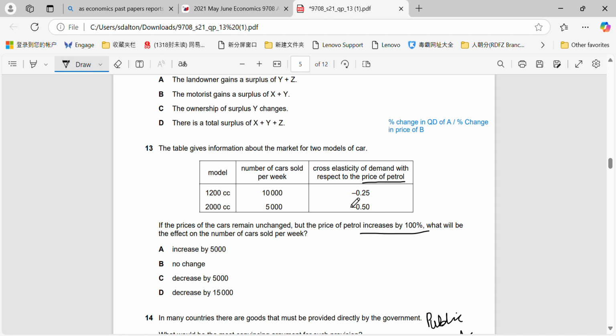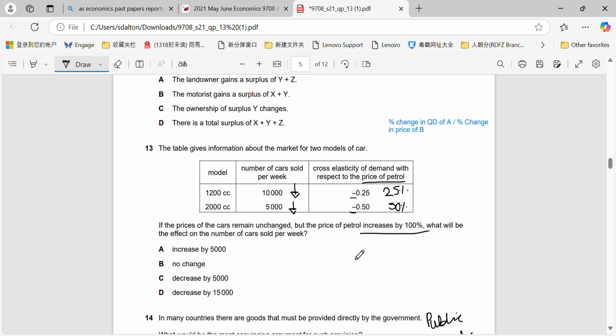So because we've got a negative elasticity here, it tells us that they're complements, right? So that means that the demand would have to change in the opposite direction. So demand would have to drop for the number of cars sold each week for both of these. Drop by 25% for the 1200cc and drop by 50% for the 2000cc.